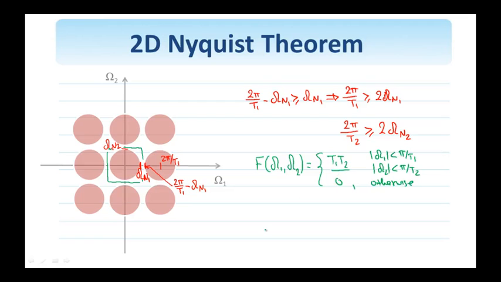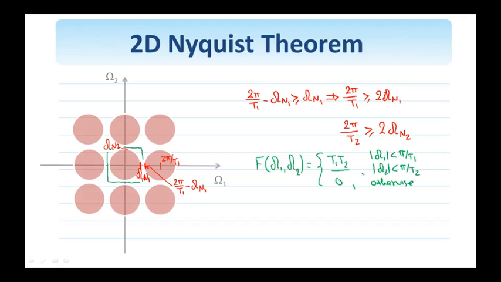This T1 T2 gain is here because, if you look back at the relationship between the spectrum of the discrete signal and the analog signal, there is a 1 over T1 T2 factor there. So I need this gain to bring back the signal to its original values.